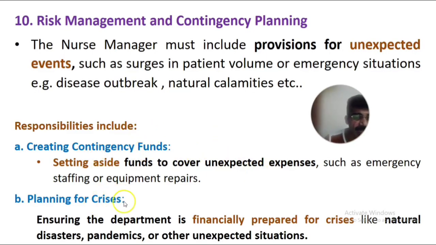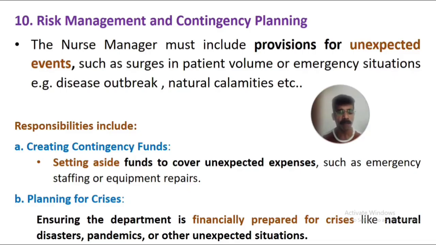The next one is planning for the crisis. Of course, a crisis may occur at any time, so it has to be planned or prepared for in advance. This means ensuring the nursing department is financially prepared to manage a crisis, like natural calamities or disasters, pandemics, that is outbreaks, or other unexpected situations that could occur in the year.